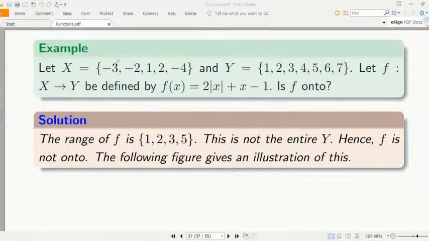Where is -3 assigned to? -3 is assigned to the modulus of -3 plus -3, then minus 1. The modulus means it comes out positive, so there should be 6 here. Positive 6 minus 3 is 3, minus 2 is 1, minus 1 would be 2. So this would be assigned to 2.